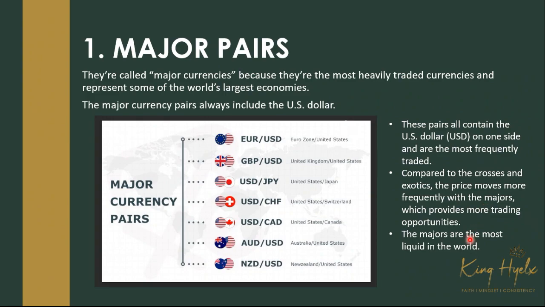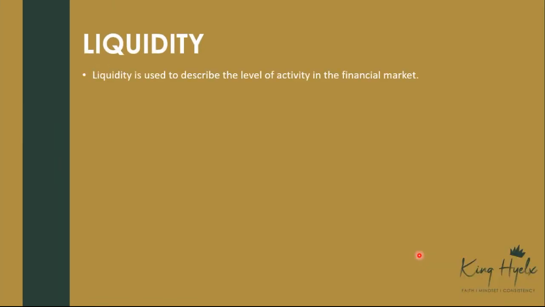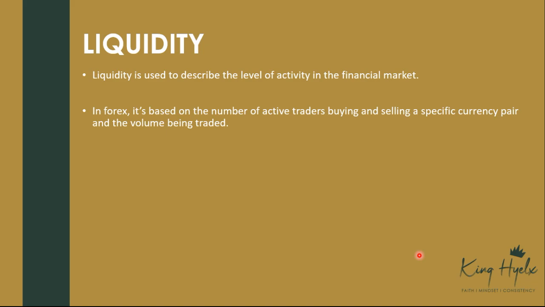Now, just like I said earlier on, let's take a quick side note. What is liquidity? Because here we just said the majors are the most liquid in the world. Liquidity is used to describe the level of activity in the financial markets. In Forex, it's based on the number of active traders buying and selling a specific currency pair and the volume being traded.